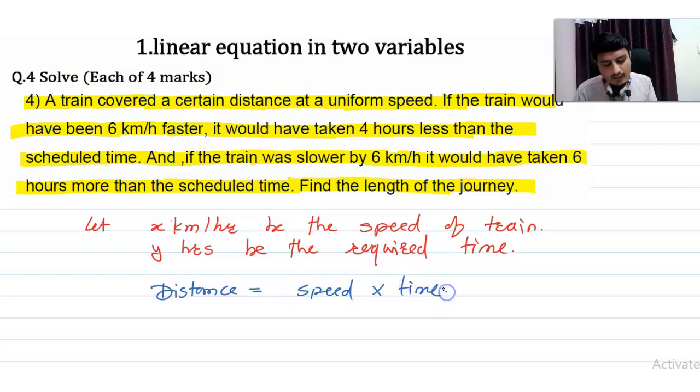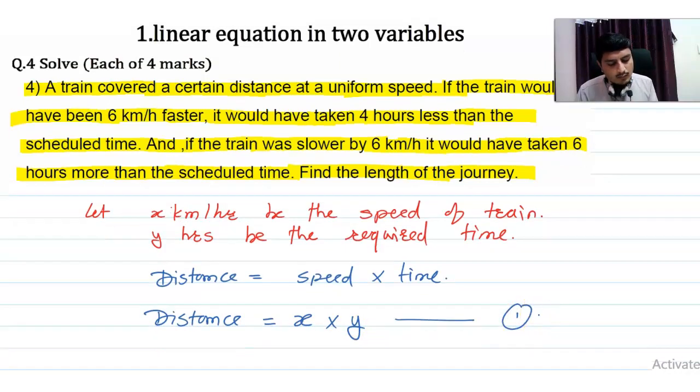So the length of the journey, or distance covered, equals speed x kilometer per hour into time y. So the distance covered is xy. Let's call it equation number 1.